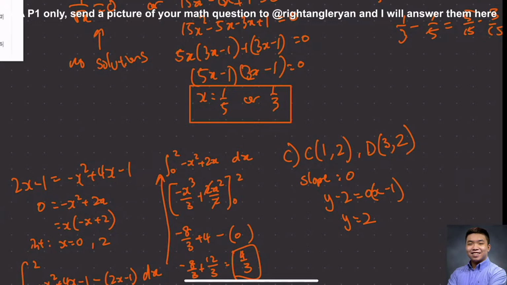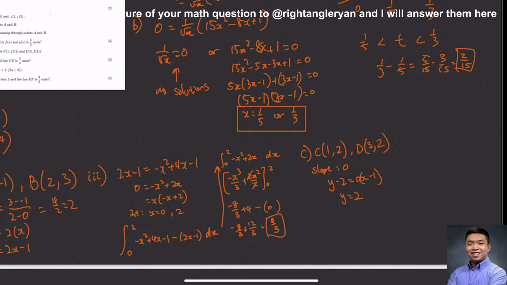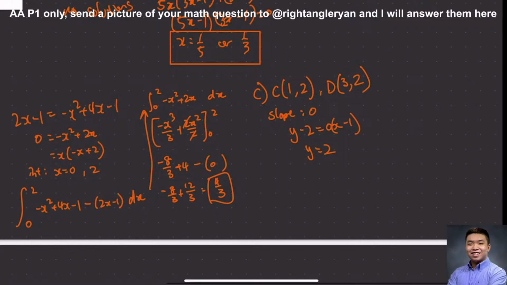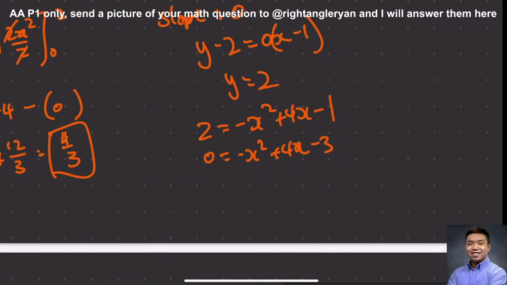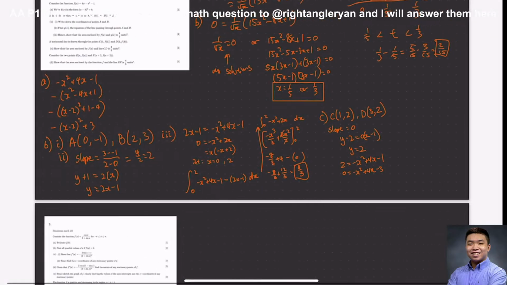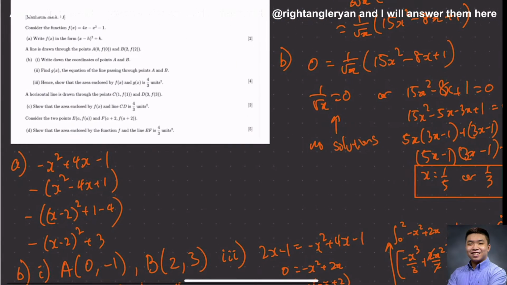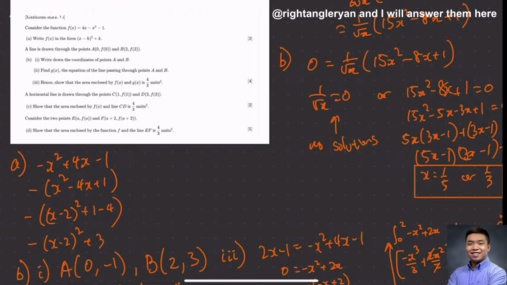It's just a horizontal line, y equals 2. Now I need to find the intersection point, so 2 equals negative x squared plus 4x minus 1, so 0 equals negative x squared plus 4x minus 3. Solve for this, we get, wait, how many marks is this? 2 marks? There must be a faster way.